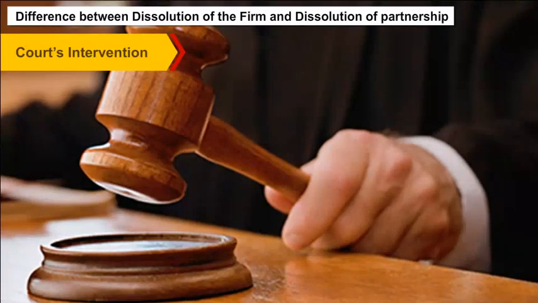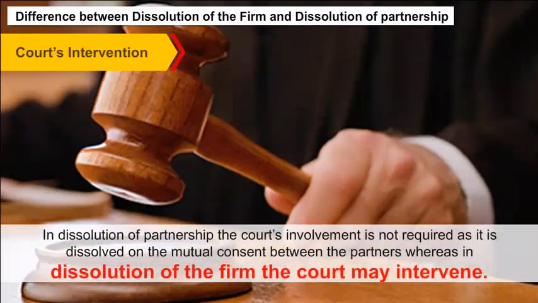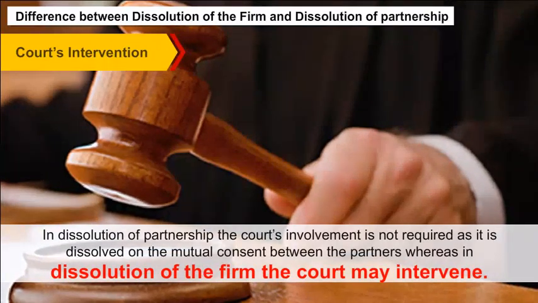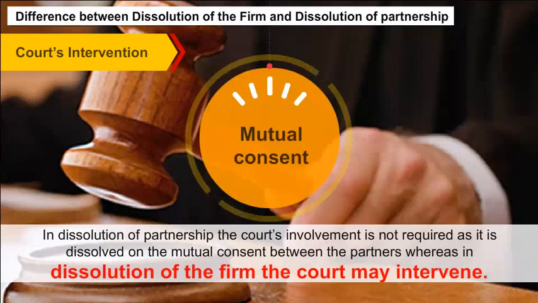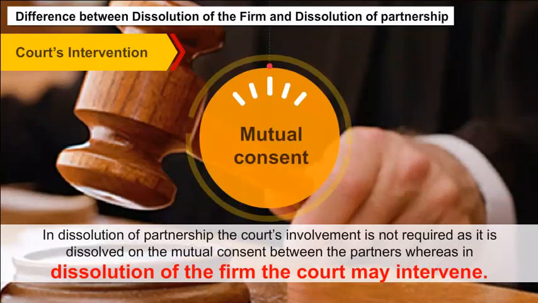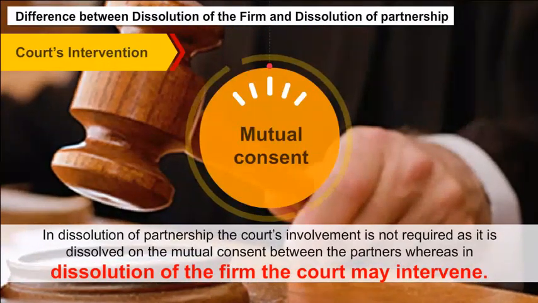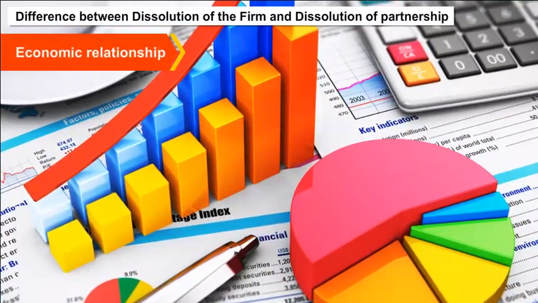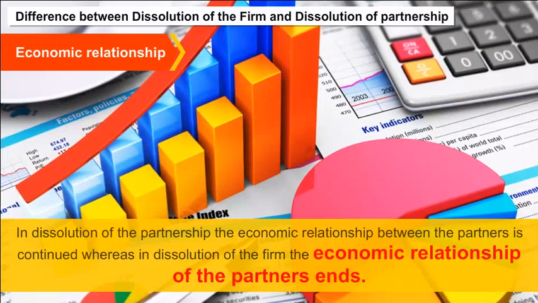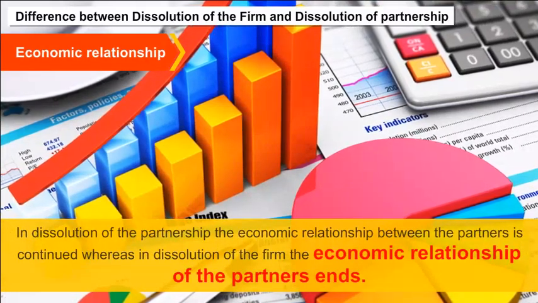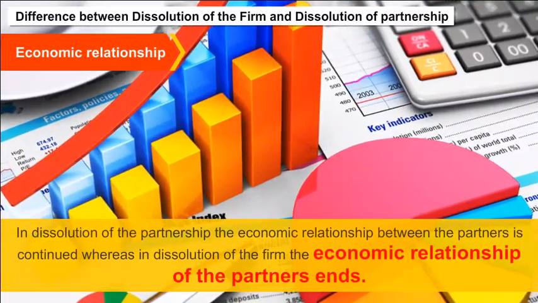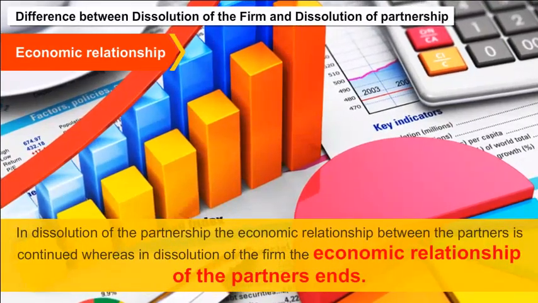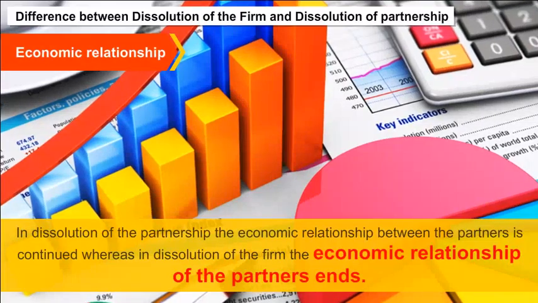Court's intervention. In dissolution of partnership, the court's involvement is not required as it is dissolved on the mutual consent between the partners, whereas in dissolution of the firm, the court may intervene. Economic relationship. In dissolution of the partnership, the economic relationship between the partners is continued, whereas in dissolution of the firm, the economic relationship of the partners ends.